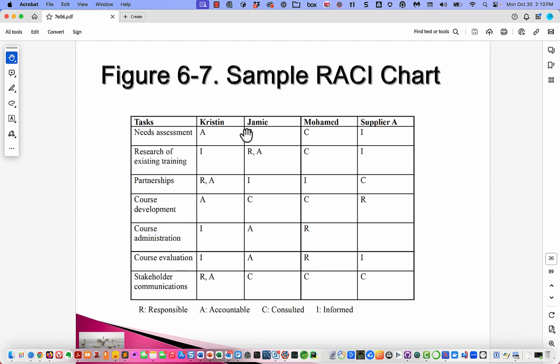Yeah, and here are people, and now we're saying of this RACI, for each individual, how are they involved with that task? Okay. And so, for instance, for stakeholder communications, Kristen is both responsible and accountable.